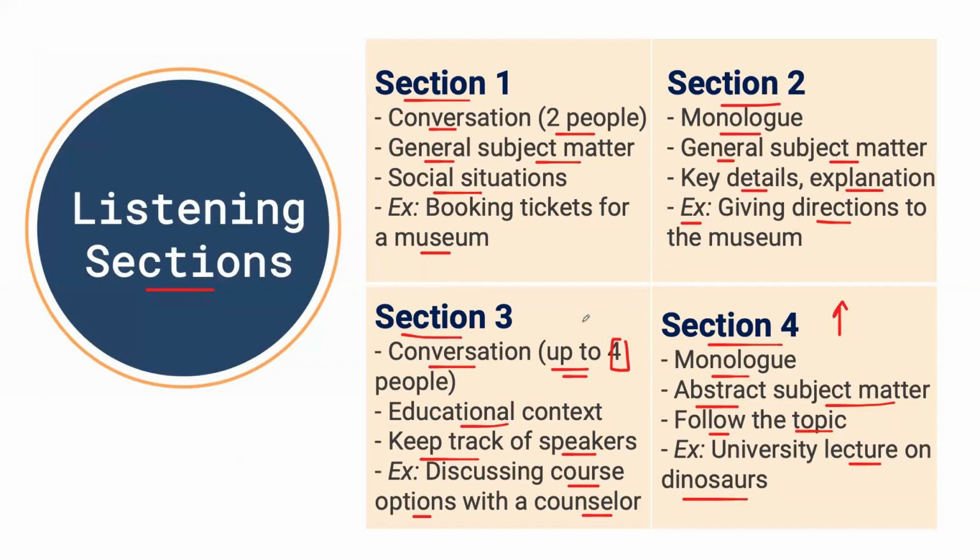So you can think of it as these two, Section 1 and 3, being similar in that they feature conversations, and Section 2 and Section 4 are similar in that they feature monologues. So you'll have to listen for some of the same things, even though the subject matter will be different. Let's take a look at strategy.